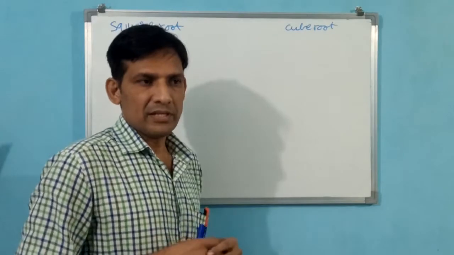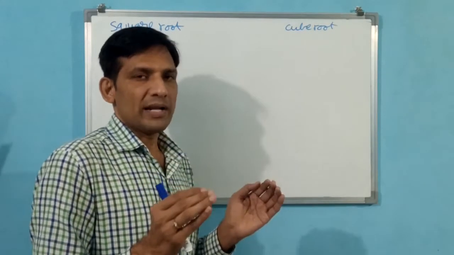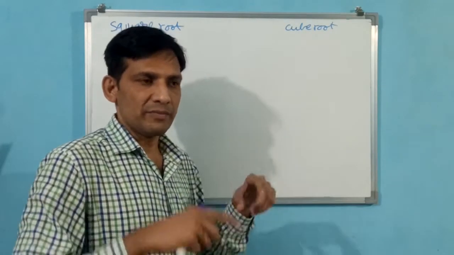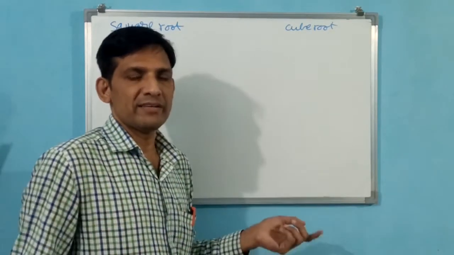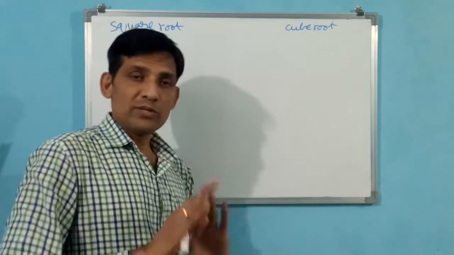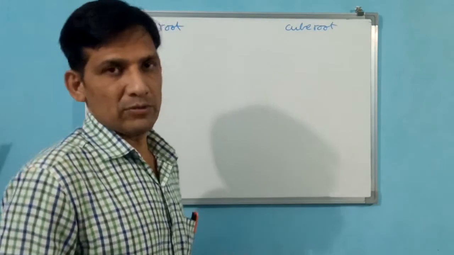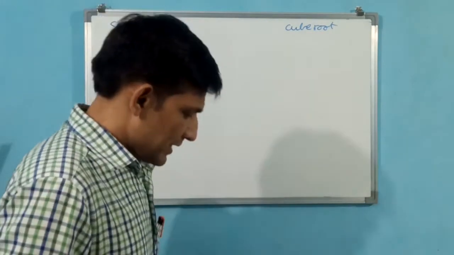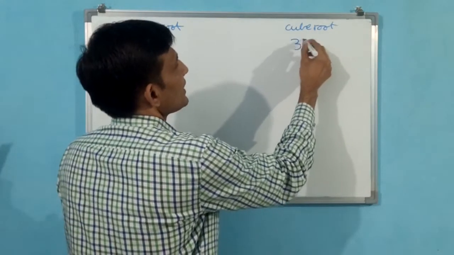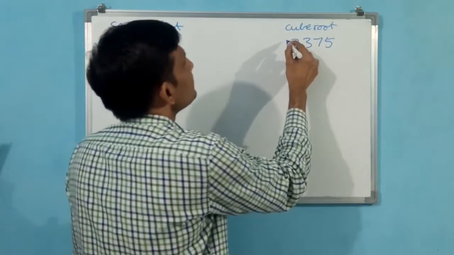That also we will see. For square root, if the number is smaller, you go for factorization. If the number is bigger and complicated for factorization, you go for long division. For cube root, there is no long division method. You must go for the factorization method only. Okay, we will take one number, 3375. First, let us find the cube root.